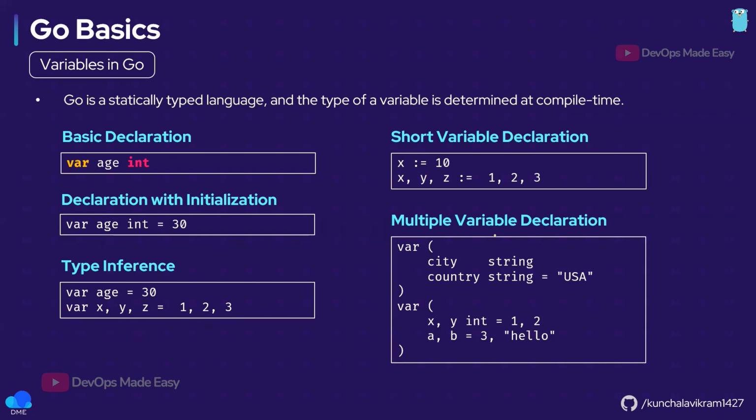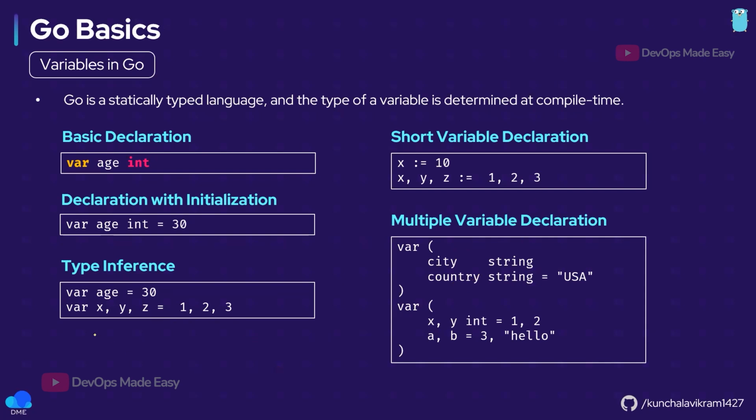Okay, I can also use multiple variable declarations. Let's say I do like this, right? So var x int equal to 1, and then var y int equal to 2. So instead of using multiple var statements in multiple lines, I can simply say var and then open close parentheses. And inside it, I can say the name of the variable and the type, name of the variable and type.